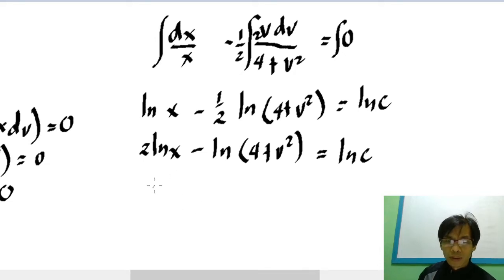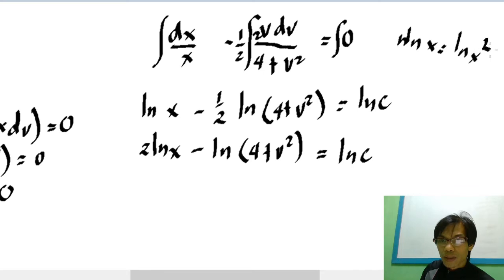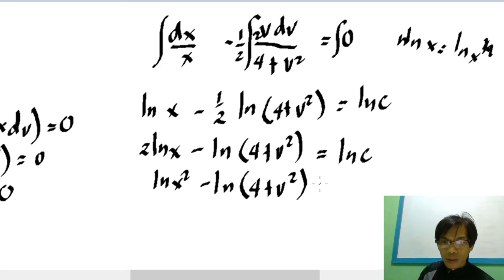In the properties of logarithm, n ln of x is equal to ln of x to the n, right? So we can put this into ln of x squared minus ln of 4 plus v squared, and that is equal to ln of c.